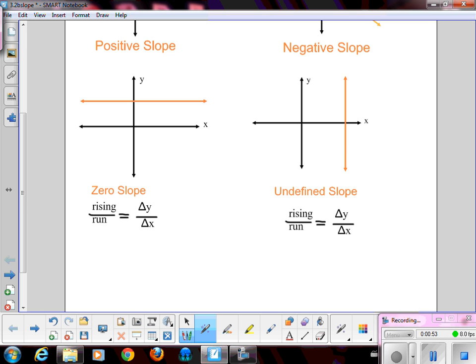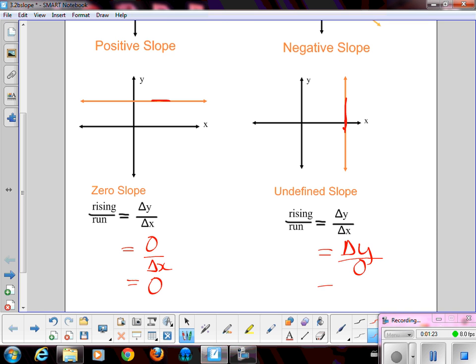So what happens with a zero slope? Remember that we're not moving in our change in y. We don't have a change in y, so that's why it's 0 over a number. So we know that that will always equal 0. An undefined slope means that we have a vertical line. The change in y is any number we want, but our change in x, it's not changing, so it's 0.